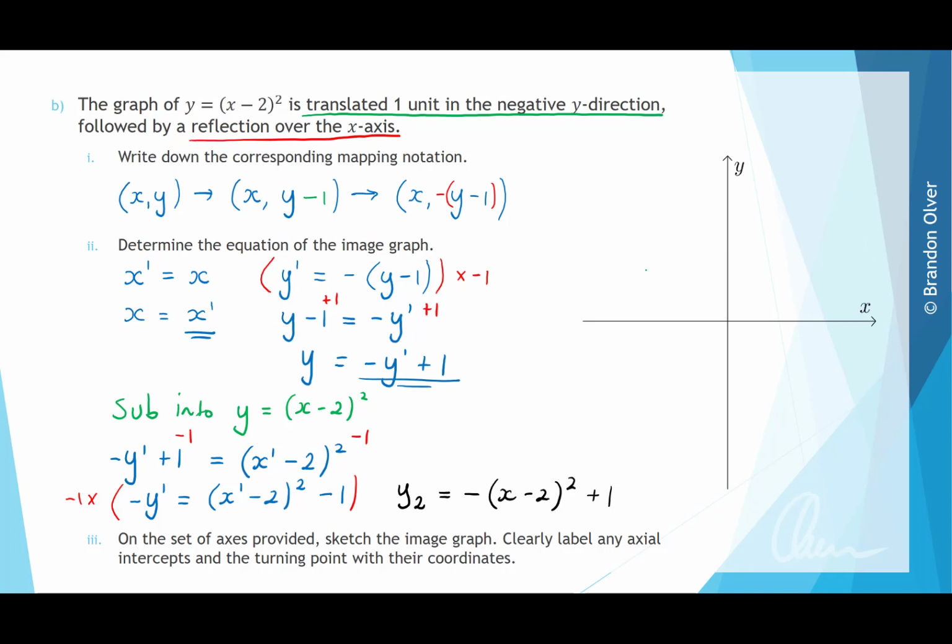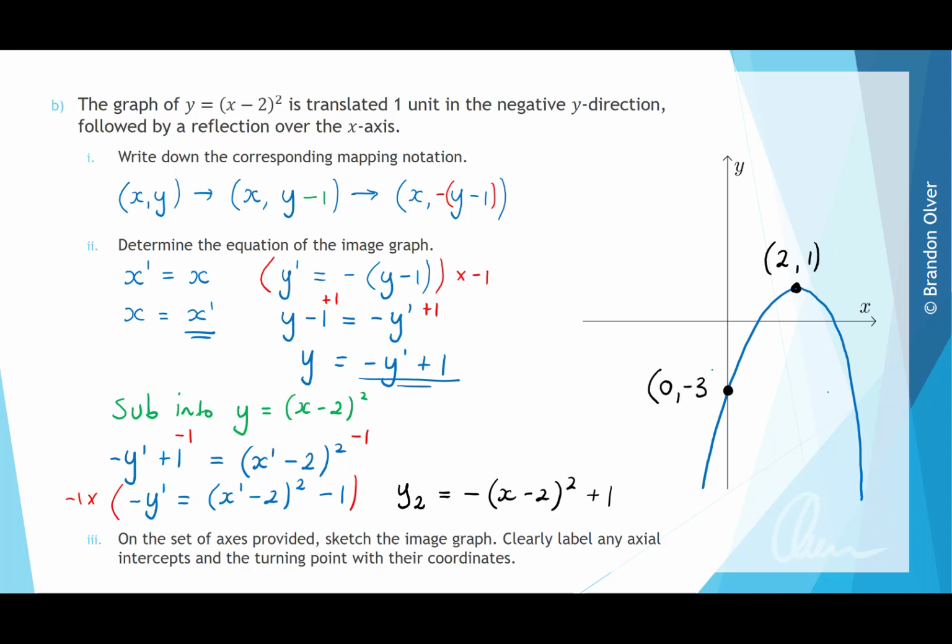So instead of having this graph, we're now going to have the graph that looks like this. So that's our transformed graph. And it has a turning point at (2, 1), and a y-intercept of (0, -3). This graph also has x-intercepts, the first being (1, 0), and the second one being (3, 0). So that is the transformed graph.